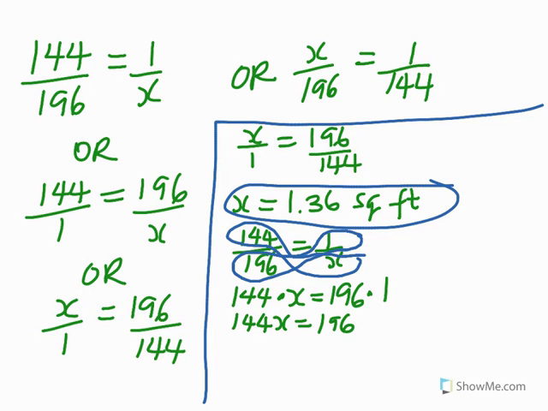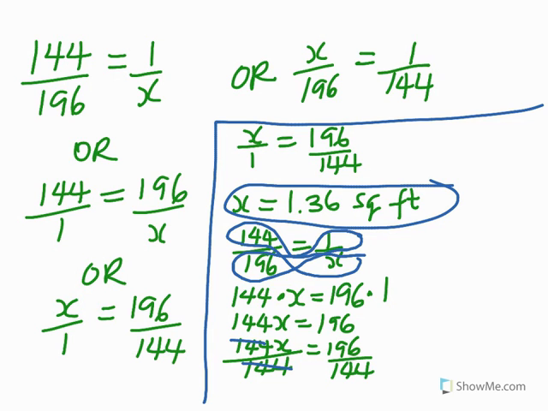And then I divide both sides by 144. So I'll write it again to avoid confusion. 144x divided by 144 will give me 196 divided by 144. And of course, 144 divided by 144 is 1.